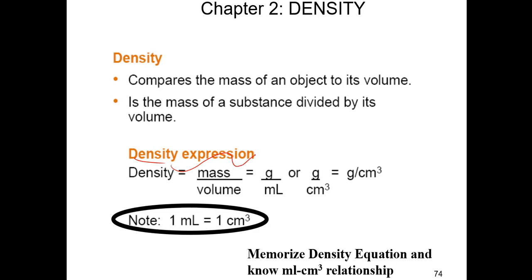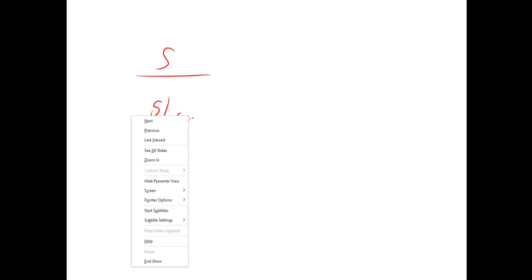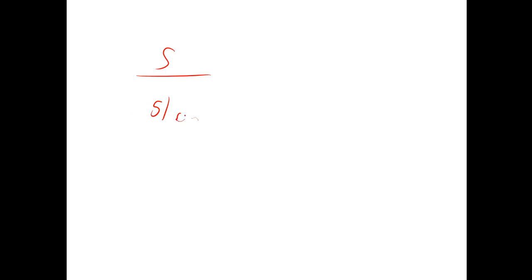So again, here's another picture. Mass, we tend to use grams. And then volume is a little bit tricky. We have 3 types of volume units in density. For a solid, it's going to be grams over centimeter cubed.